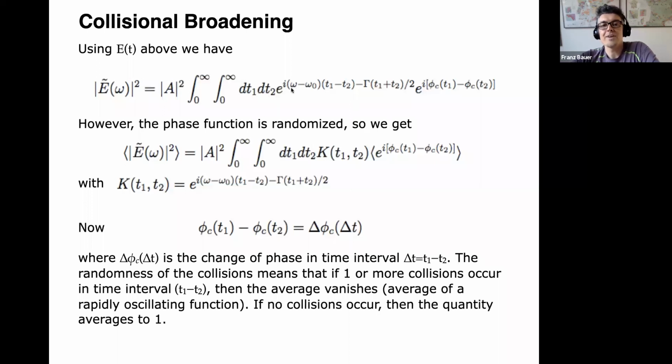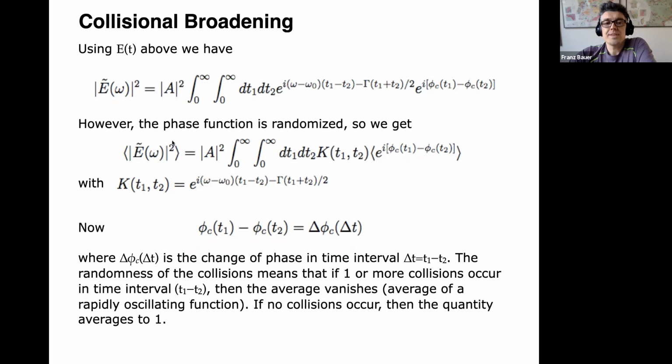We have the oscillating wave component, which changes by this amount, the spontaneous decay, which changes by this amount, and then the randomization, which takes place here. The phase is going to be randomized.